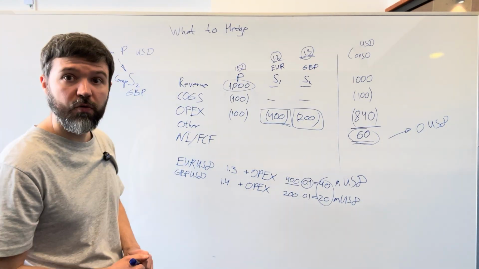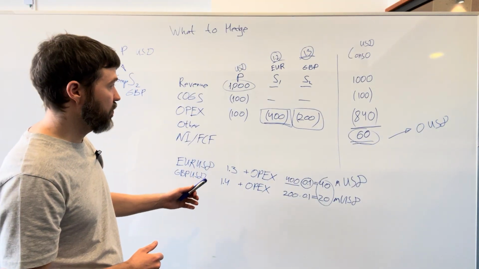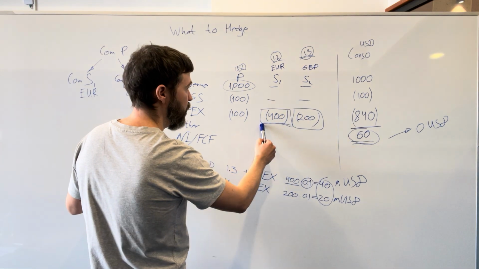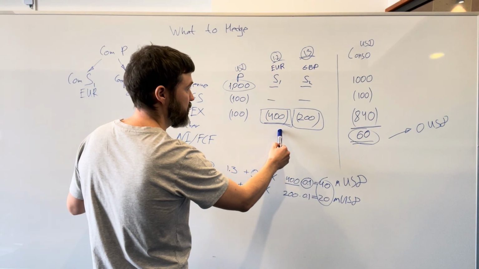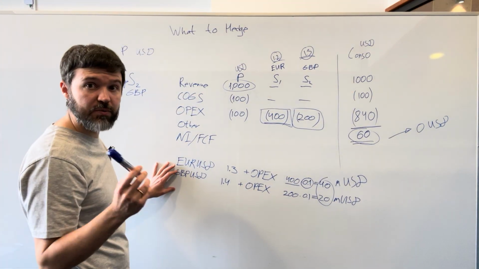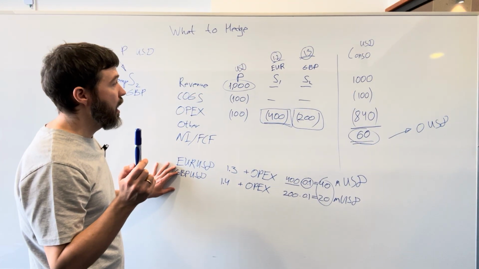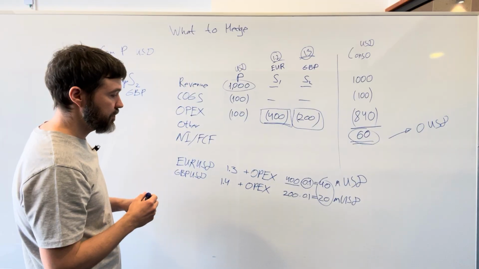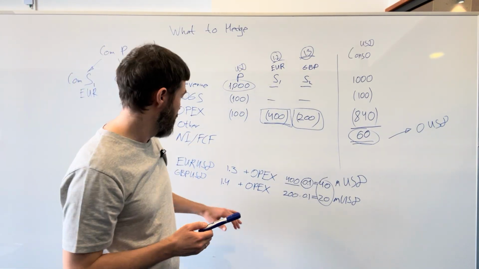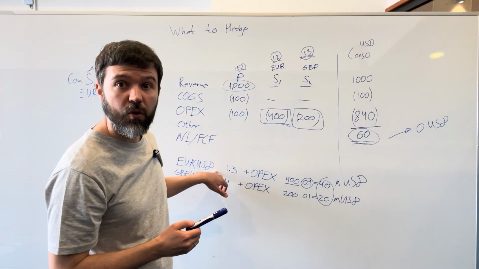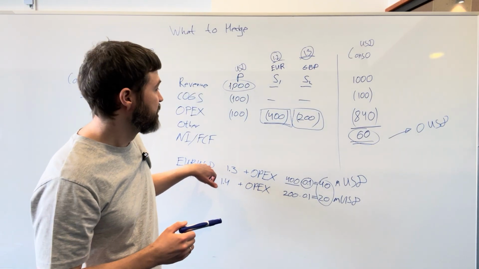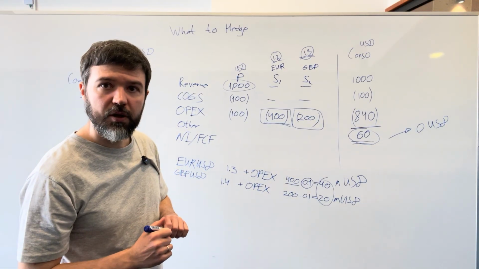You can buy a forward contract here. You can buy forward contracts for the whole 400 million euros and 200 million Great Britain pounds. How much will it cost you? In the current environment, a 1 year forward contract on Euro-USD costs you 200 basis points. What is 200 basis points?